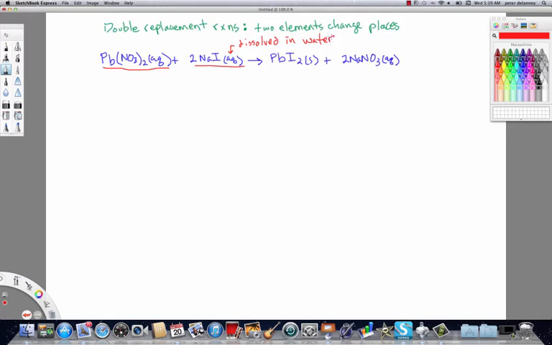So we have the combination of two ionic solutions, and one of the products is a solid, which we see here for the lead iodide, and the other product is going to be an ionic solution.